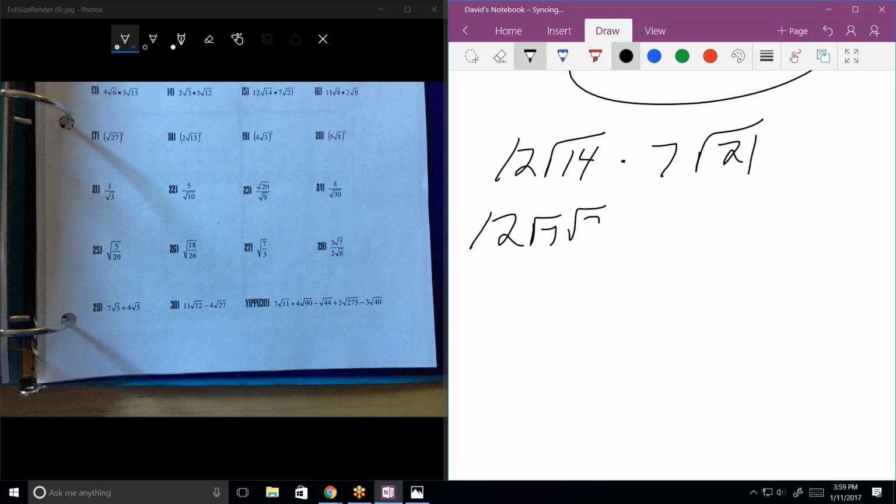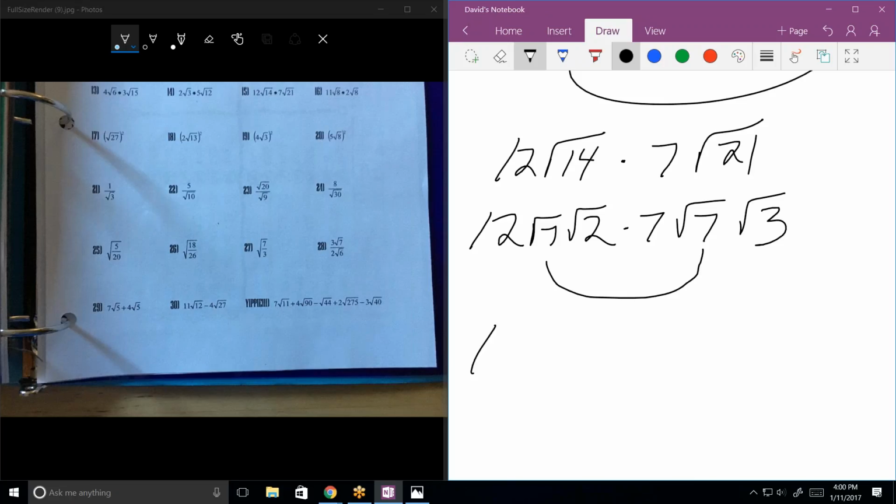root 2. Normally I wouldn't do that because neither one of those pull a number out. But now if I make that 7 root 3, now notice I can combine those two. Root 7 times root 7 is 7.